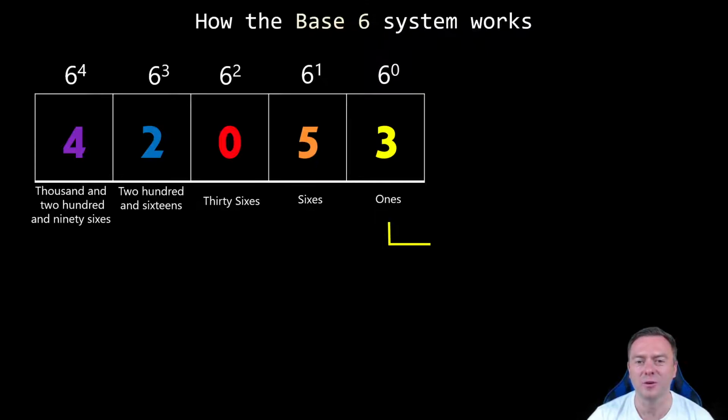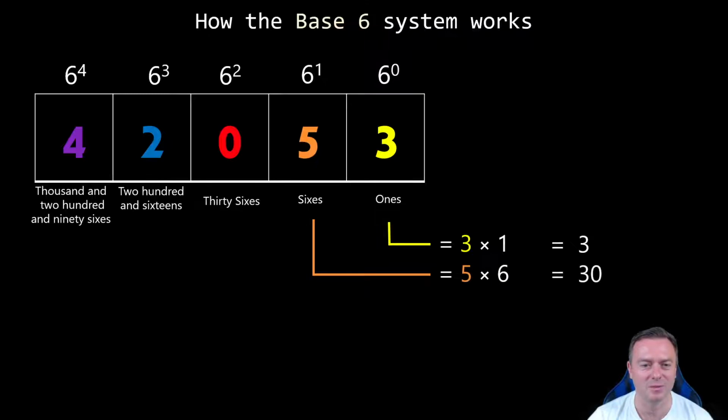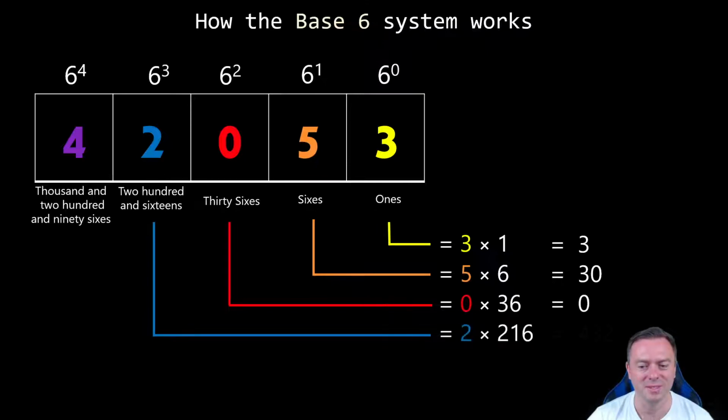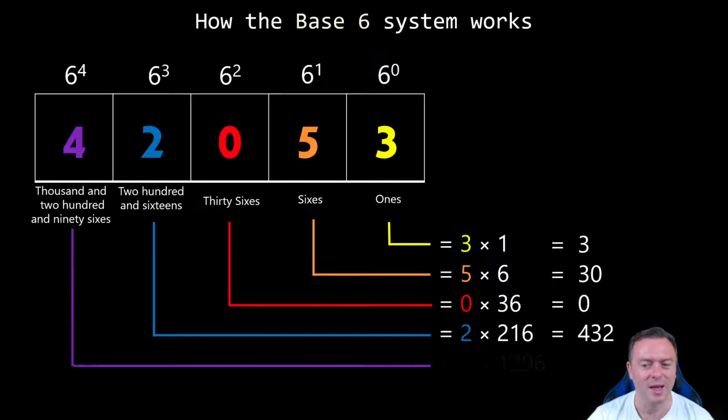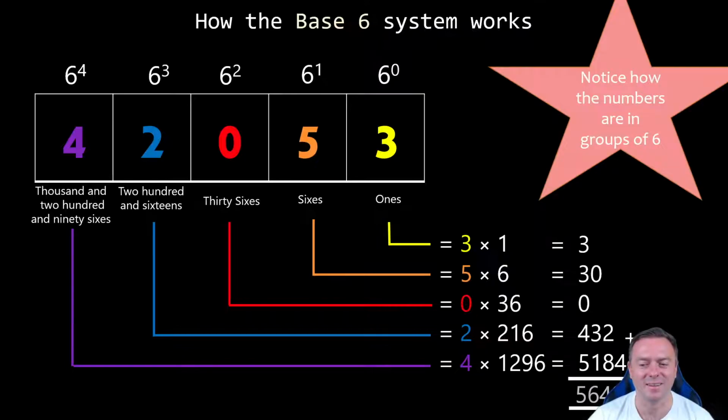So if we go down and group, that means we have 3 lots of 1, which equals 3, 5 lots of 6, which equals 30, 0 lots of 36, which equals 0, 2 lots of 216, which equals 432, and then 4 lots of 1296, which equals 5184. That all adds together to give you 5,649.